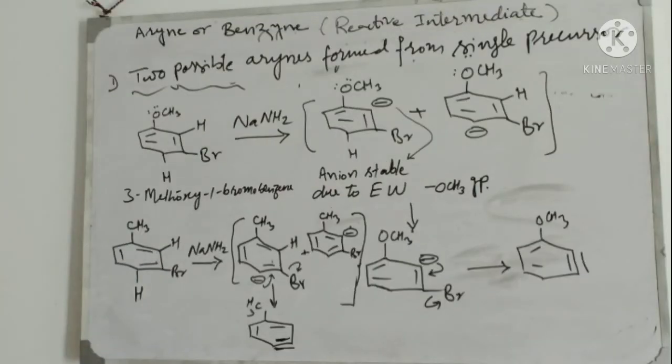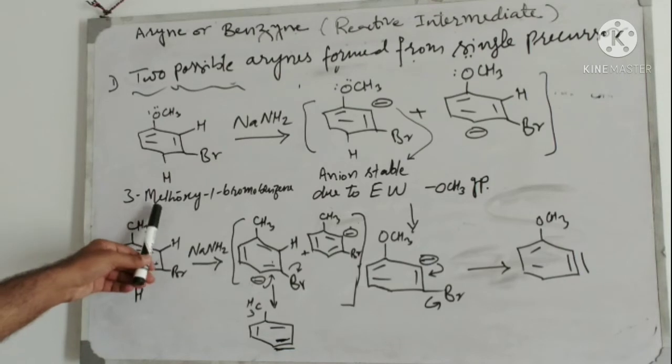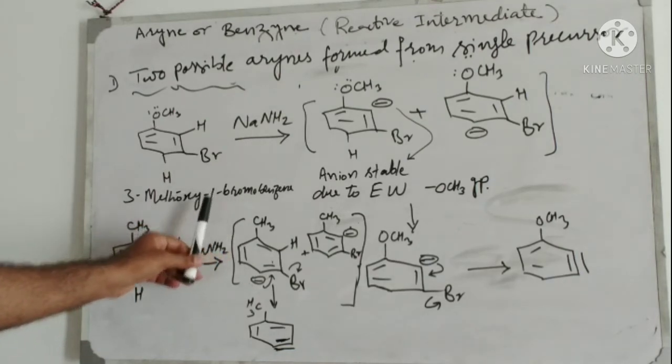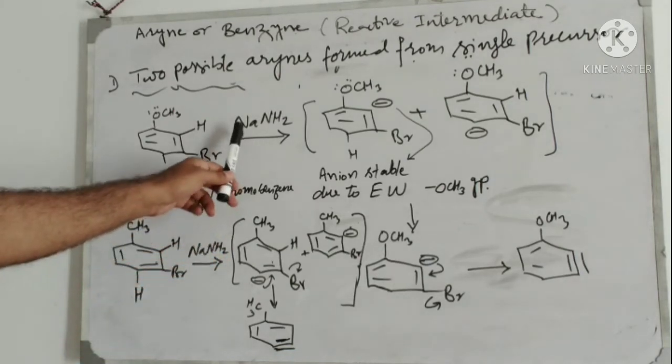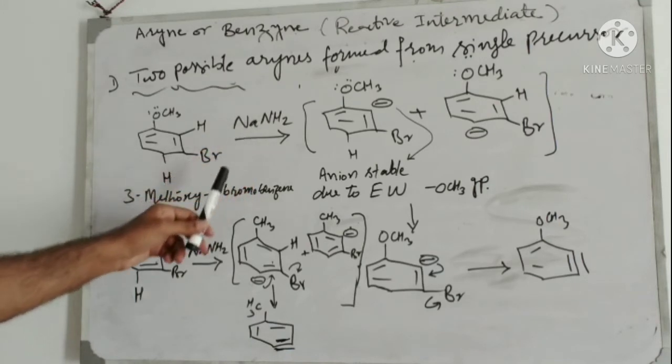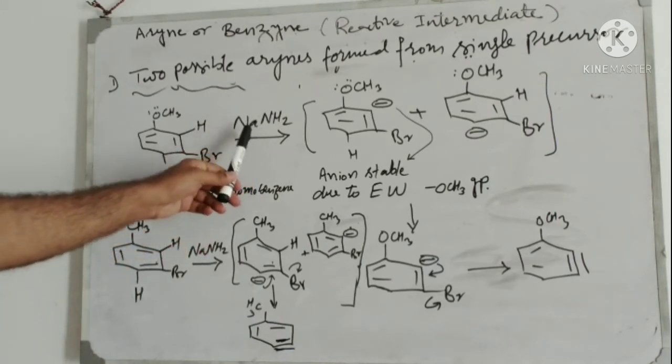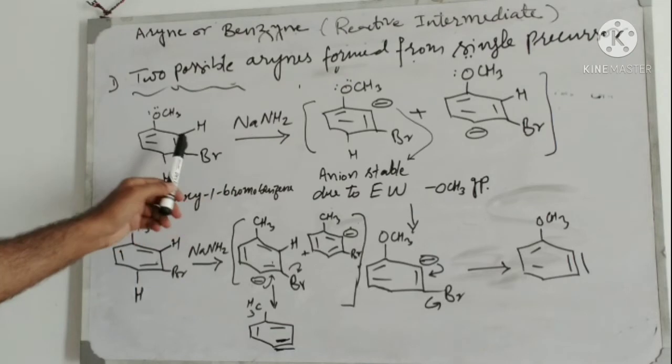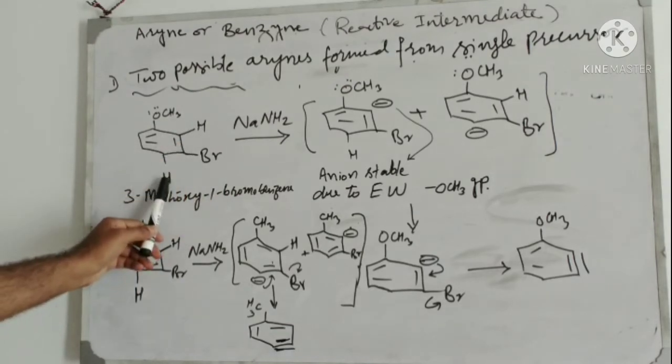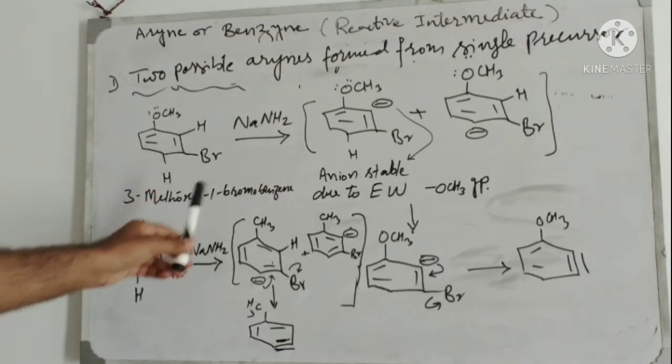So this is an example where two possible aryne intermediates can be formed from a single precursor. Then that aryne will be formed which has the stable carbanion. So for example, this is 3-methoxy-1-bromobenzene. When it is treated with a strong base like sodamide, the sodamide can take the proton from this position or from this position. So it generates two types of anions.